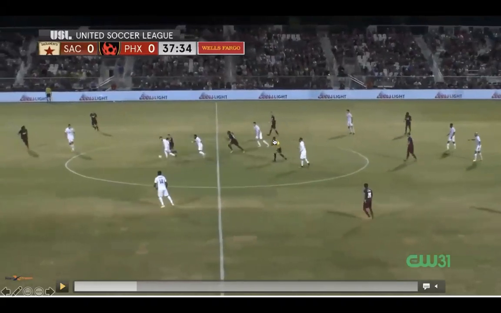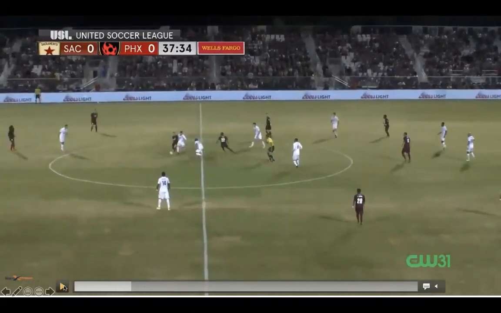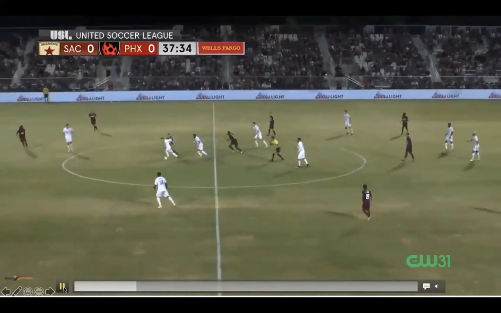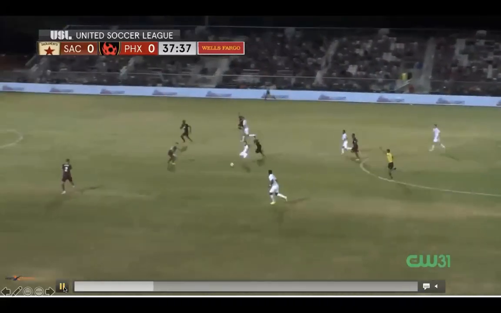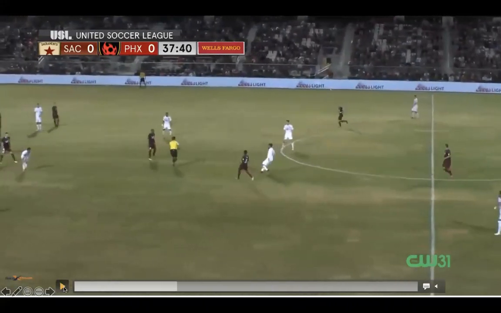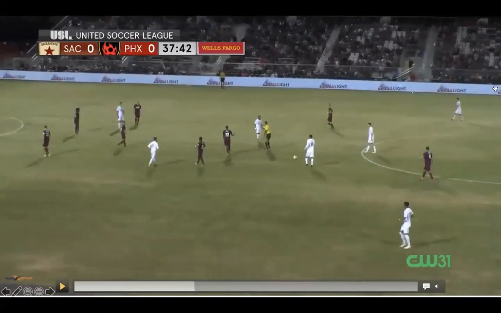You can see here he was about to blow the whistle because he didn't think it was going to develop. So he waits a second. Once he sees that space, sees that an advantage can develop, now he gives this player an advantage, and we're off to the races. And then that player gets fouled again, and that's why he gives the foul. So he comes back and gives a foul for the second foul, not the original one back there.